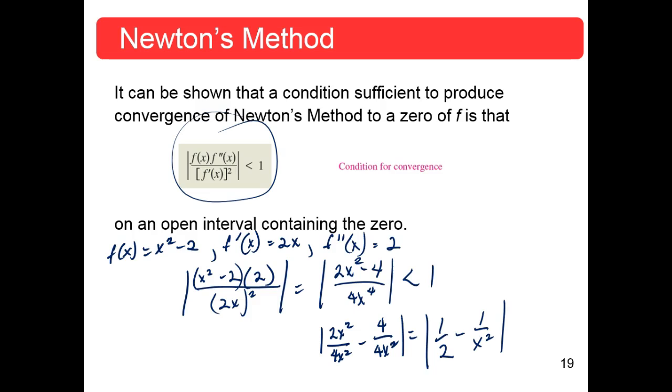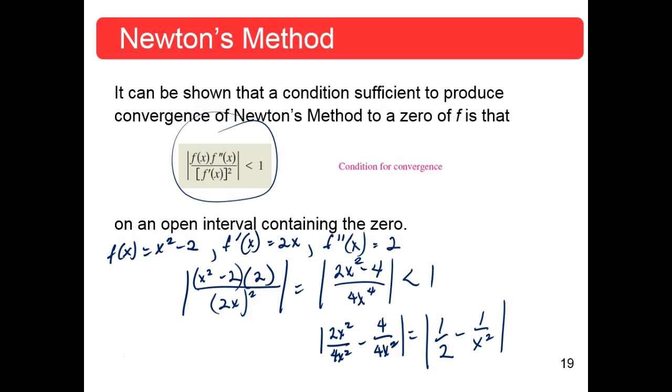Now, how do they deal with that? On the interval 1 to 3, for sure, that quantity is less than 1, and that may have been our example 1. Well, they use x equal 1 as a value.